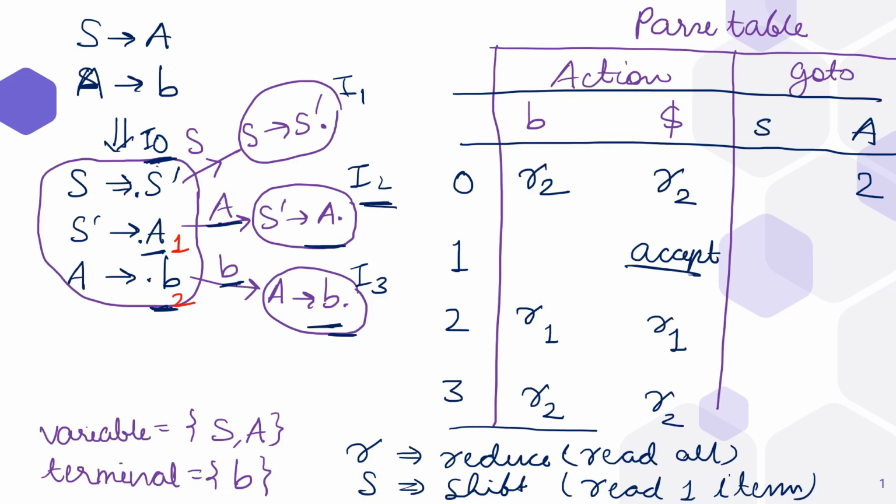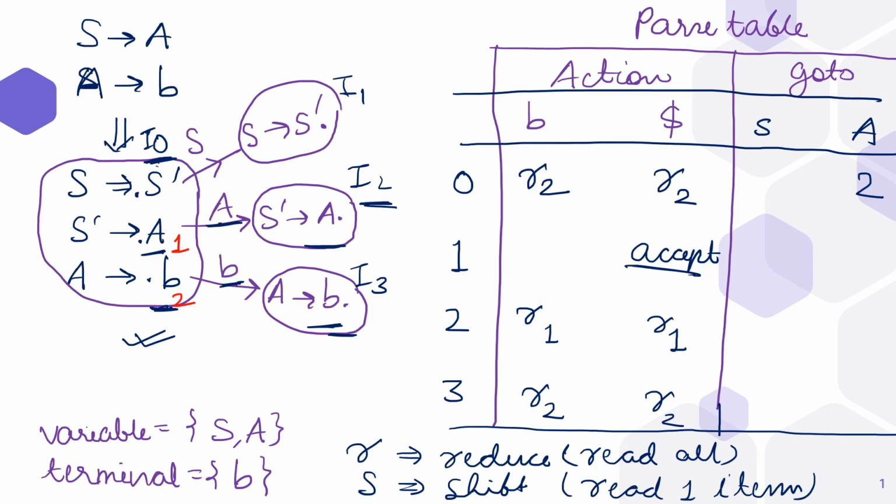So this is the complete table that we have created using this particular augmented grammar. This parse table will be further used to create a parse tree using the stack that we saw in previous videos.